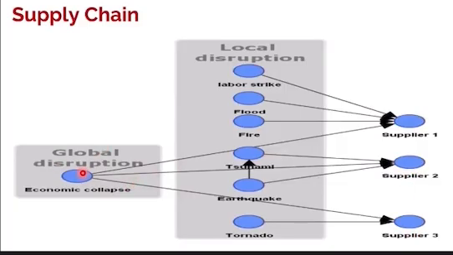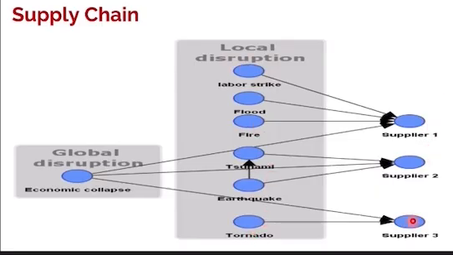If there's a global disruption, you can see the arrow starting from here, going to supplier one, supplier two, and supplier three. And not only that, when there's a local disruption, when I say local disruption, maybe I'm talking about the labor strike, the flood, fire, tsunami, earthquake, and tornado, they are also going to affect suppliers.